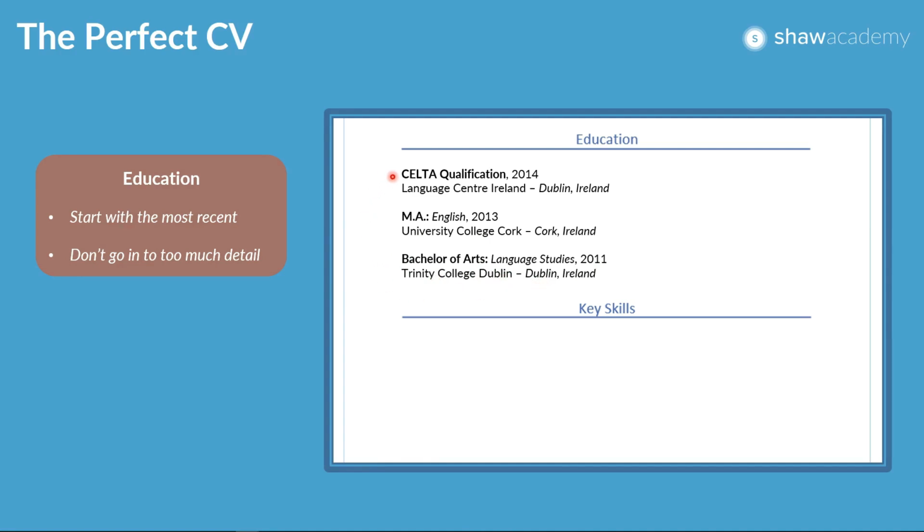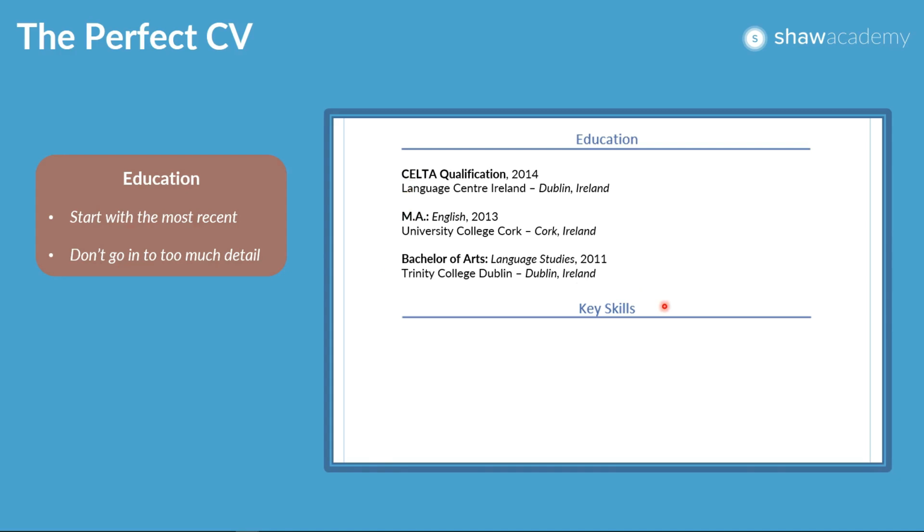And that is enough detail, okay? If you want, you can include your high school examinations or anything like that, your SATs or the Leaving Cert or A-levels, depending on what country you are in. But that would be enough. The education is just looking for your qualifications more than anything else.